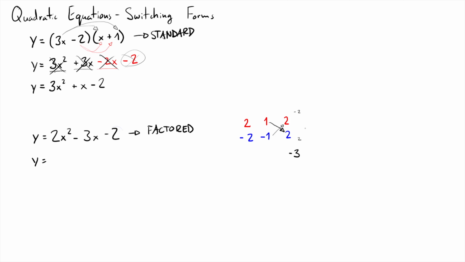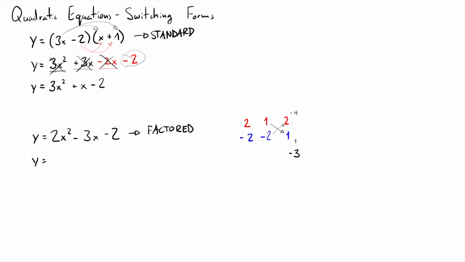Well, if that doesn't work, then let's take our negative sign and move it over to this -2. So now what we're going to have is -2 and +1. Let's see how that works for us. Now, if I cross multiply, 1 times 1 is 1, and -2 times 2 is -4. -4 plus 1 is -3.